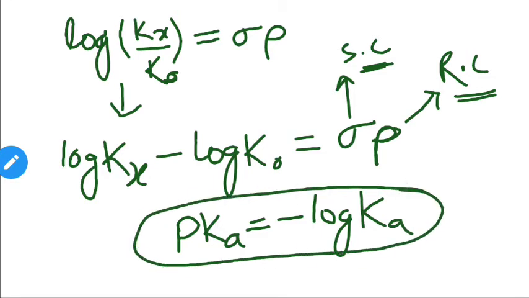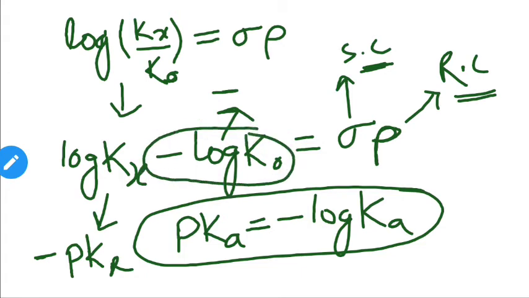So this can be written as minus pKx, and this can be written as minus pK naught.